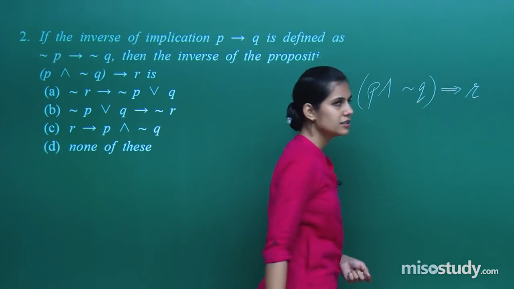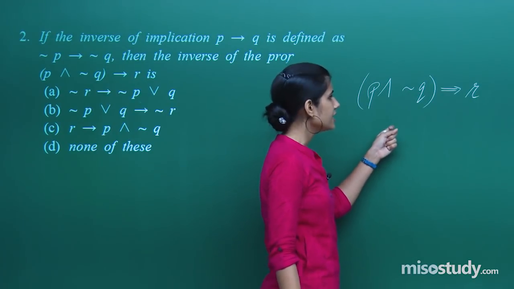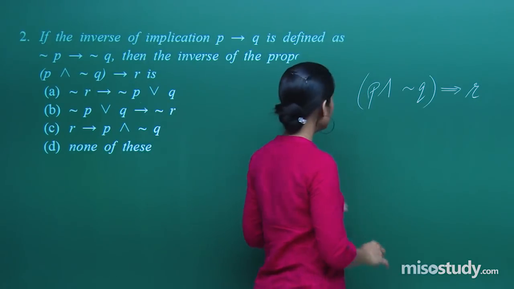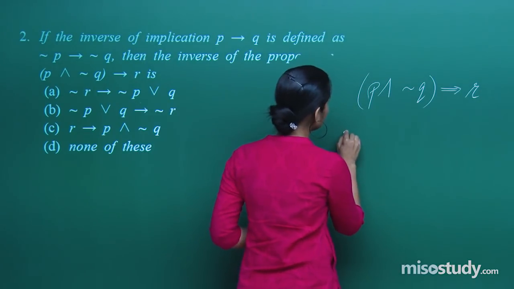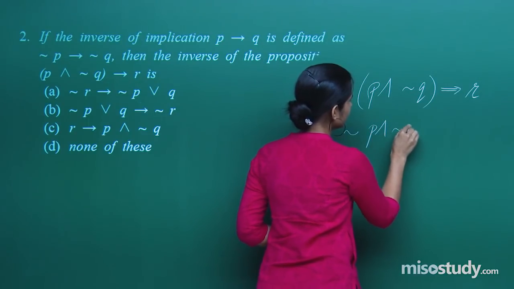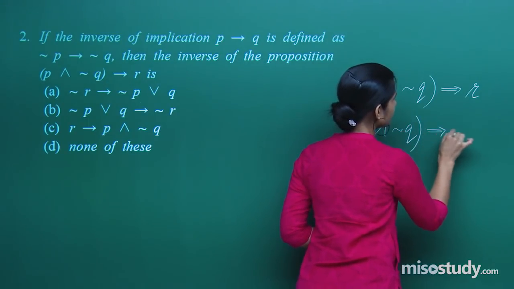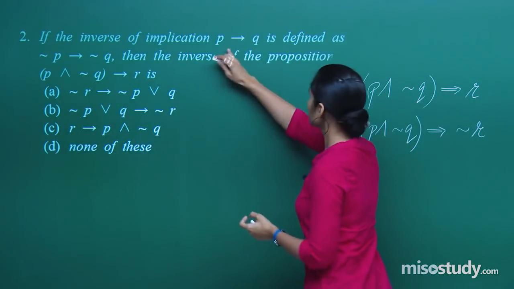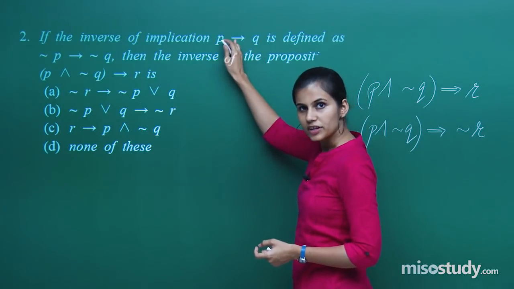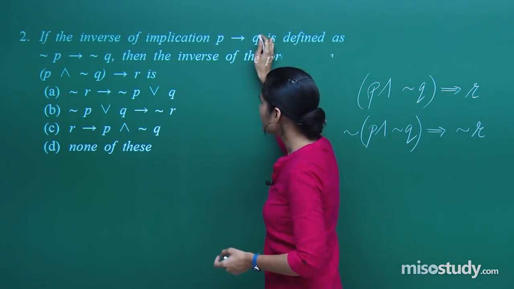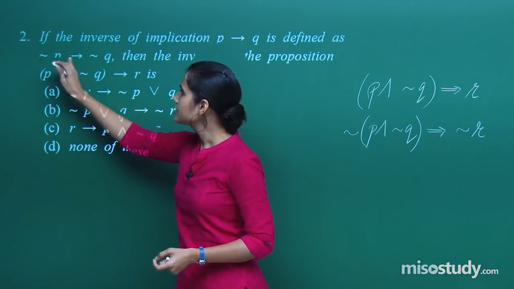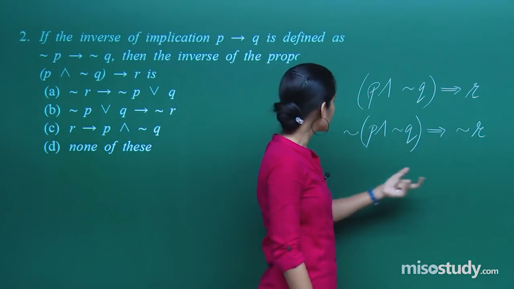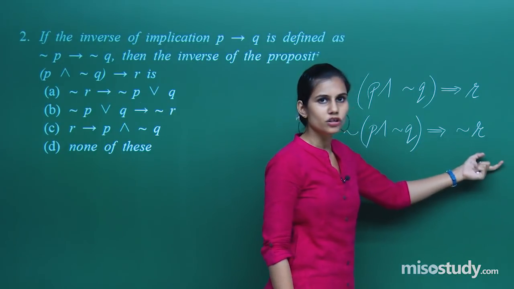I won't talk about the inverse of this yet. If the inverse of P implies Q is not P implies not Q, then the inverse of the first statement implies the second statement is not of the first statement implies not of the second statement.